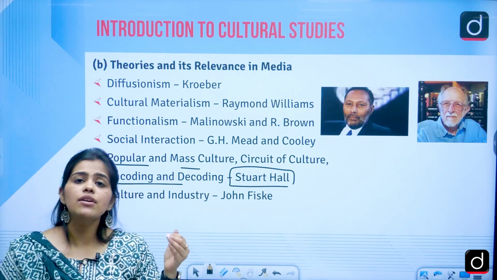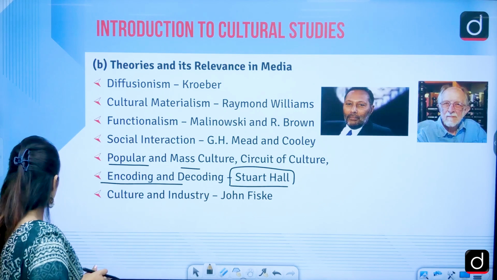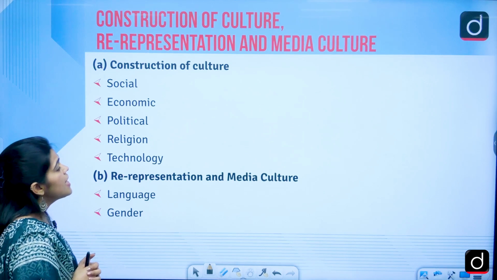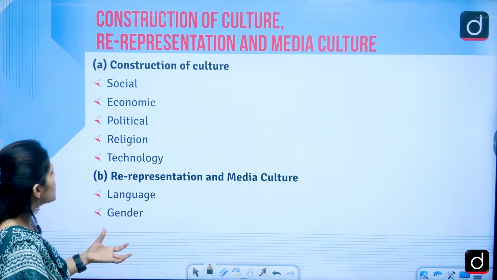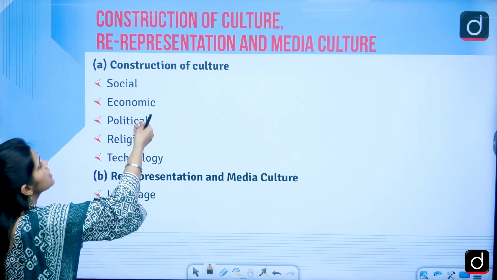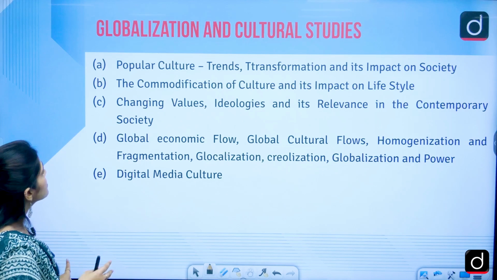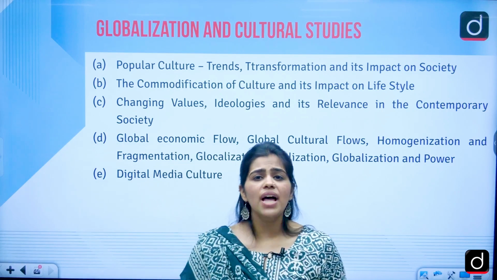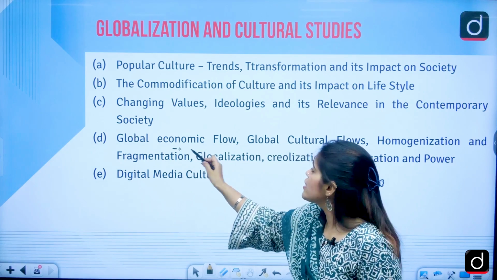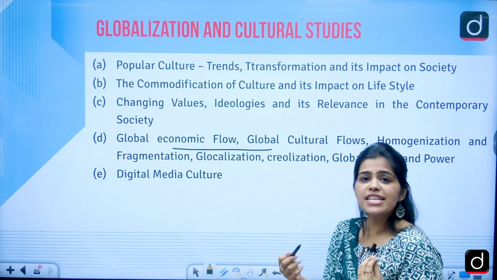So we will study all of the texts that are associated with the important writers. Then we will study in greater detail the connection of cultural studies with gender, technology, religion, economics, and social culture. We'll study how globalization, how the global economic flow is there, how your whole world is changing.